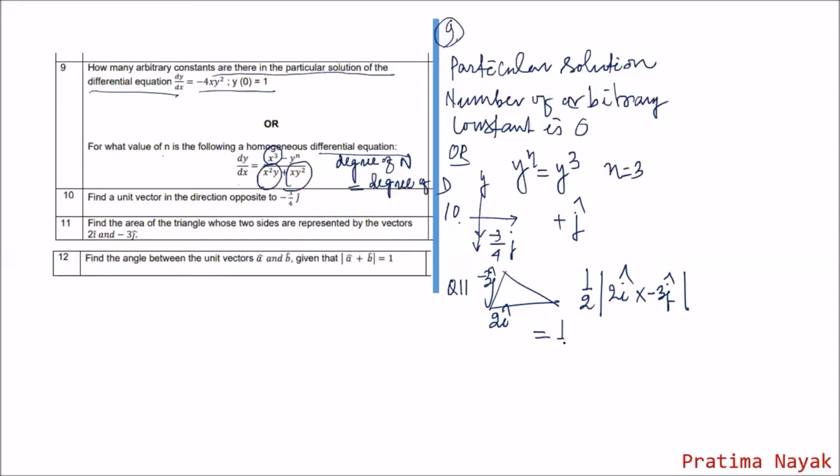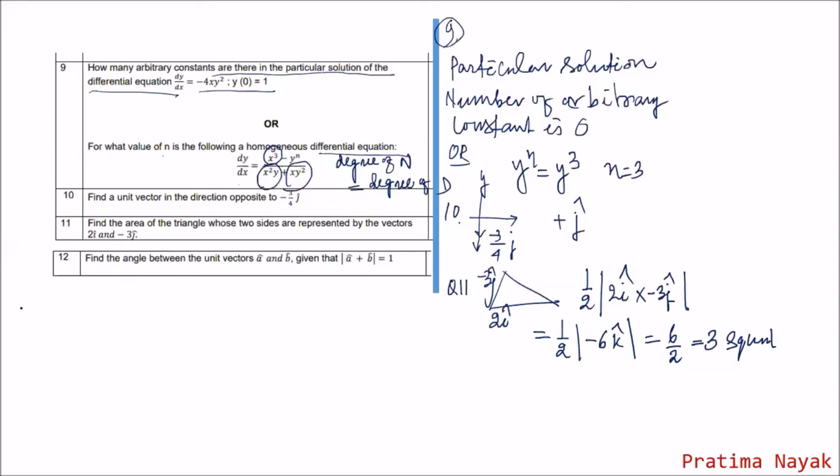So this will be half, and i cross j is the k vector. So this will be minus 6k vector. And what is the modulus of the k vector? It is 1 only, and we are taking the modulus, so 6 by 2, it will be 3 square units because it is area.